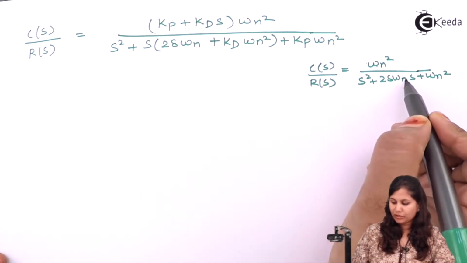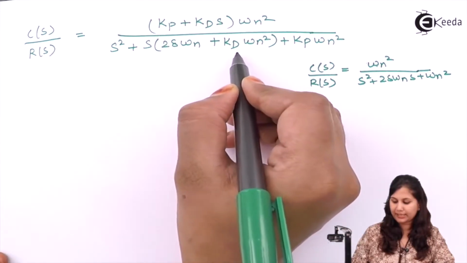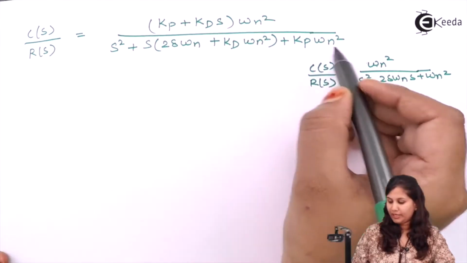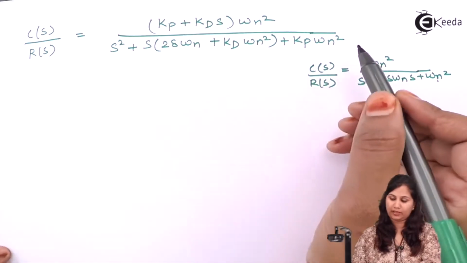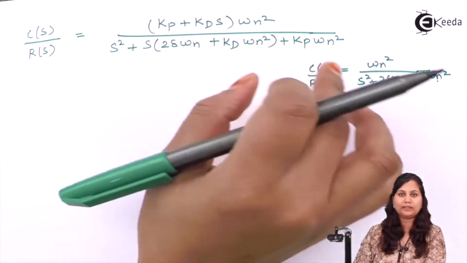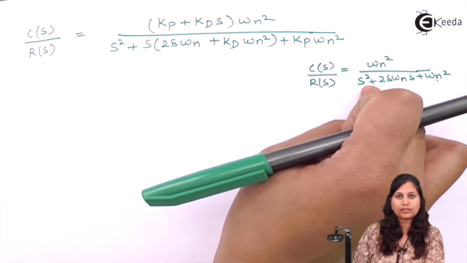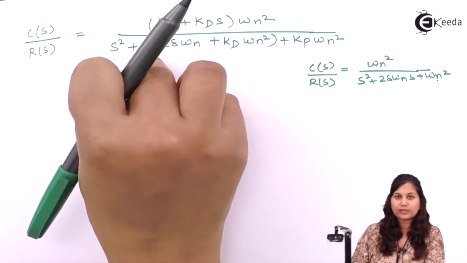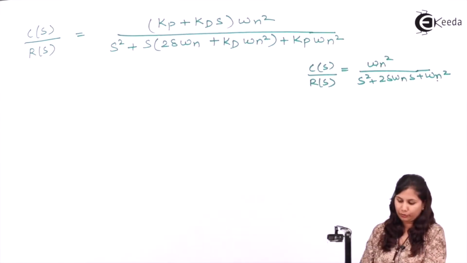Here the coefficient is 2 delta omega n plus Kd omega n square, and here we have Kp omega n square. So this is the difference between the transfer function of a second order control system and a control system where we have applied the proportional and derivative controller.